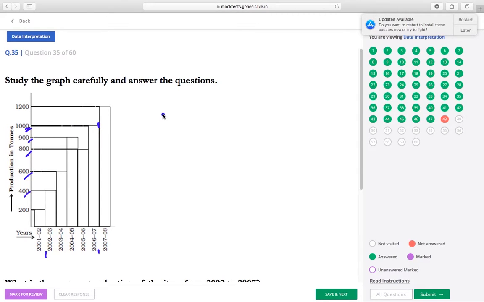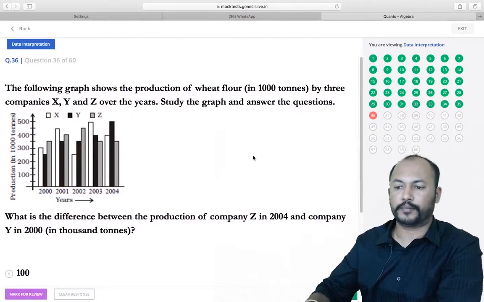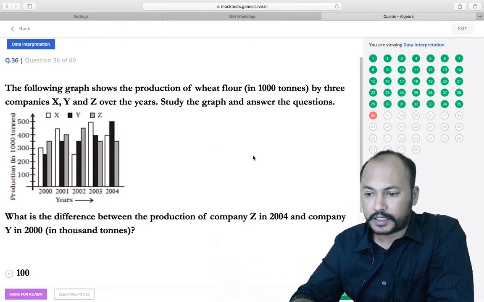So it is 3700 divided by 1, 2, 3, 4, 5 reference points. So that will be 5 7s are 35, and then you have 5 fours are 20, and then 740 is your average. Correctly marked. Okay. Question number 36, new caselet.